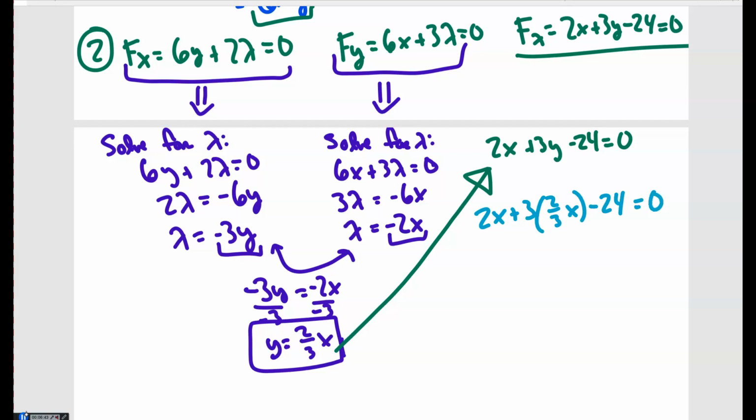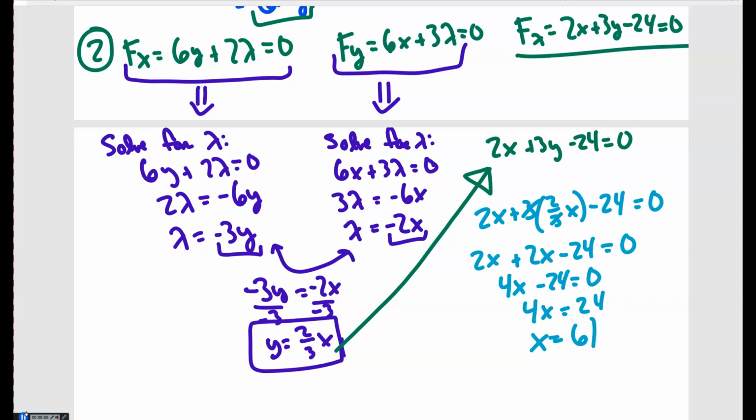Now I have 2x. Here the 3's cancel out, so I have another 2x. Then I have minus 24 is equal to 0. So 4x minus 24 equals 0. 4x equals 24, and I divide it over, so x equals 6. Okay, so we finally got a solution.